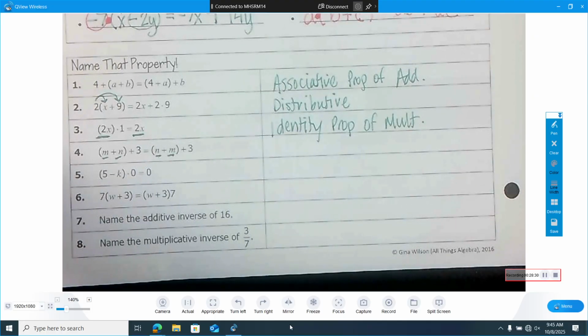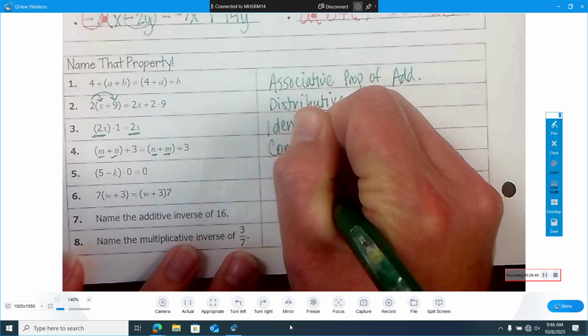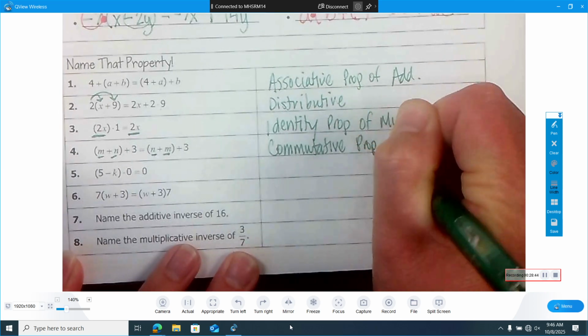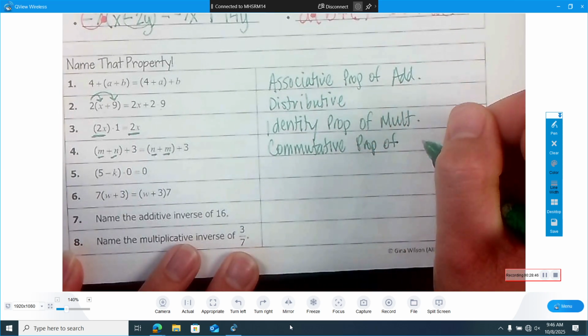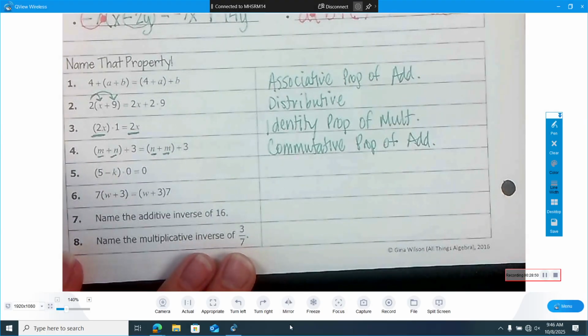So they traded places. What property allows us to trade places? Commutative. Yeah, this is a commutative property. The commutative property of, are we multiplying or adding here? Adding, addition, yeah, commutative property of addition.